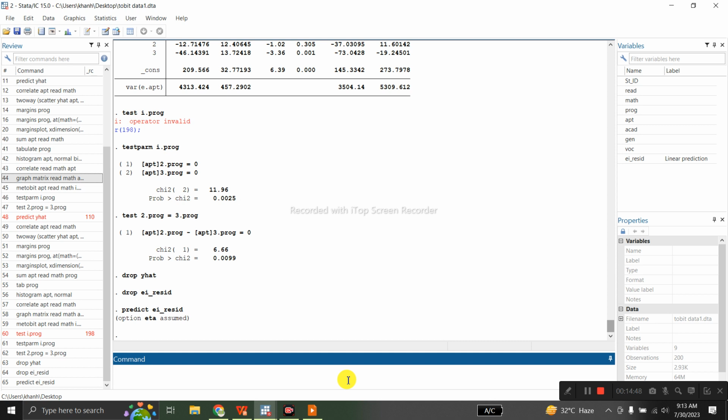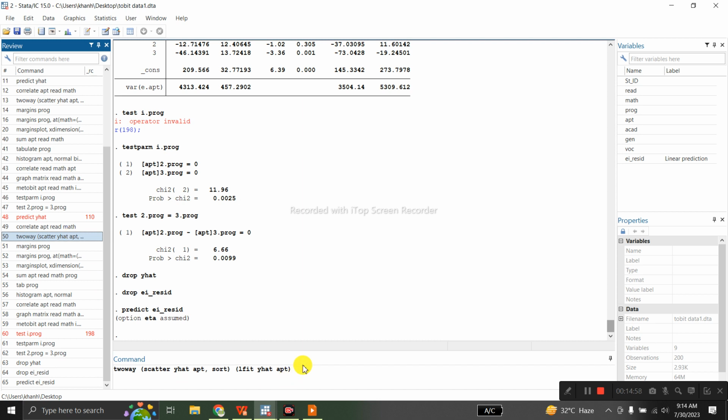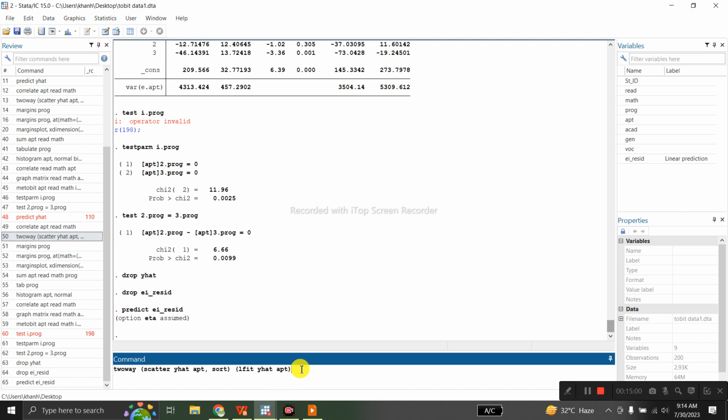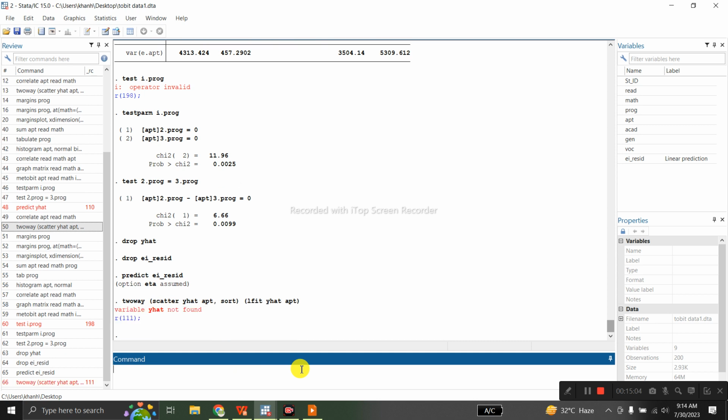After this, I can show through a plot of the residual and the observed value and fitting the plot.